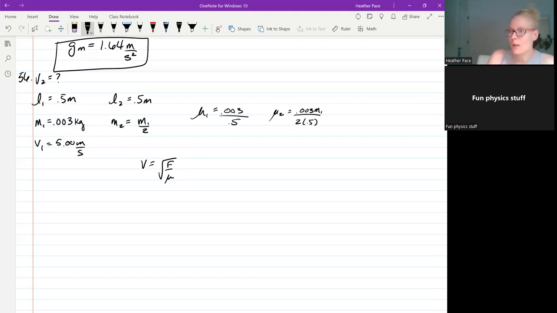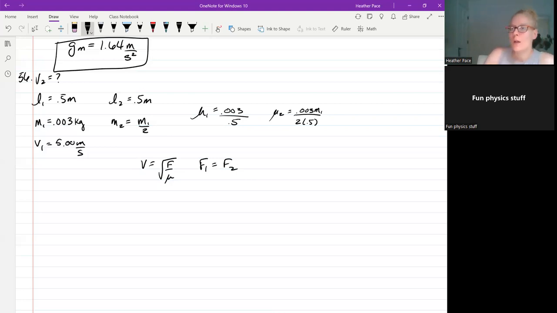All right, so two strings are under the same tension. Okay, so F1 equals F2. I know I was missing something that I needed to write here.